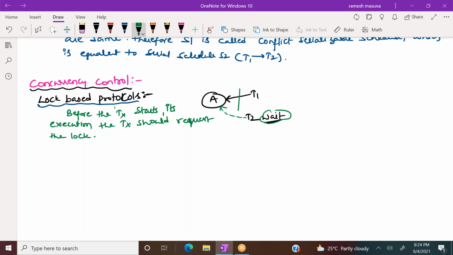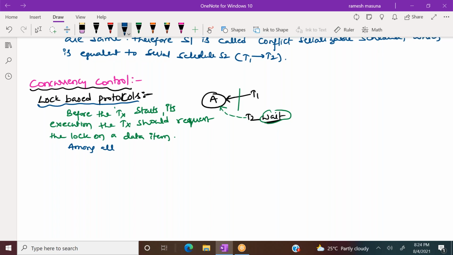Before the transaction starts its execution, the transaction should request the lock on a data item. And moreover, when more than one transaction requests, only one transaction can access the data item.